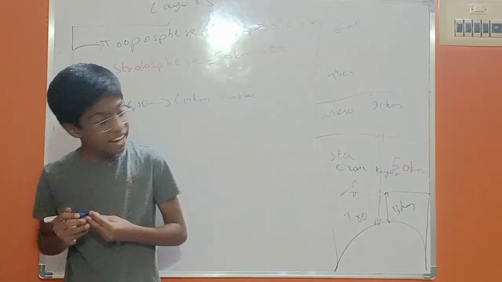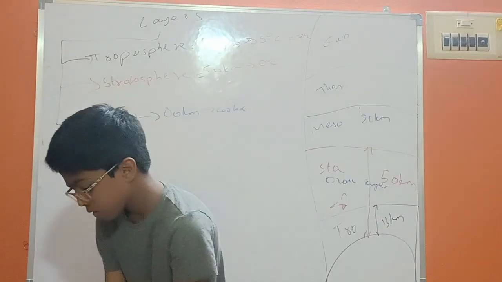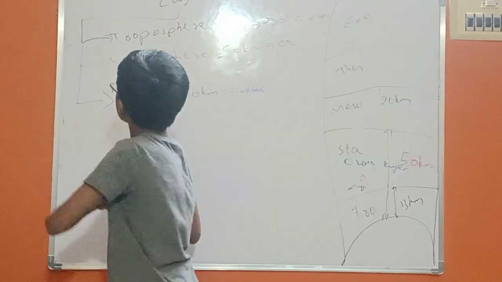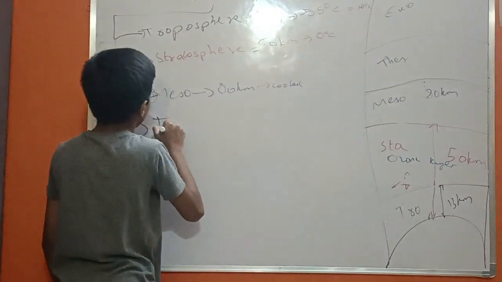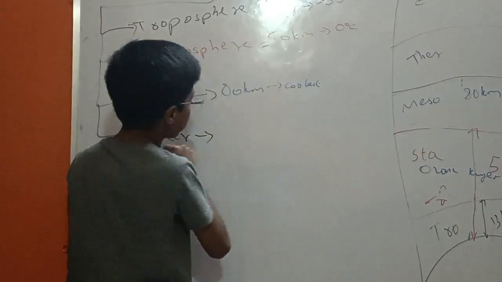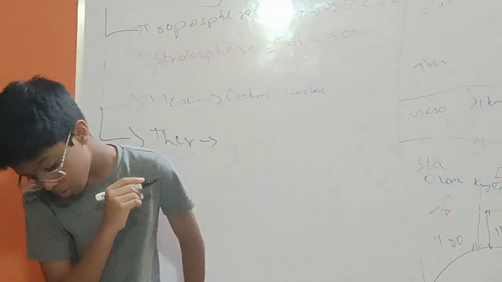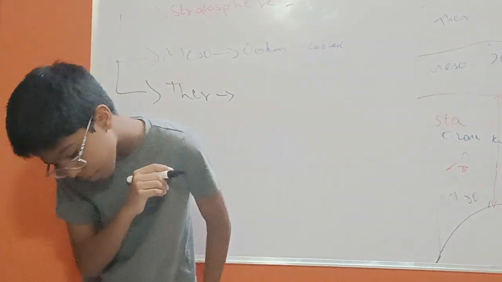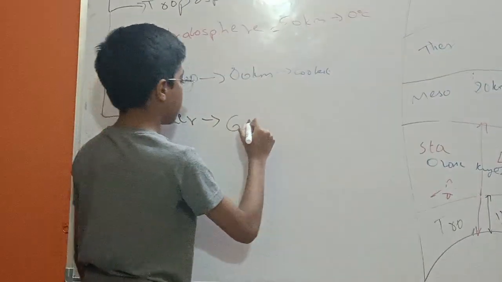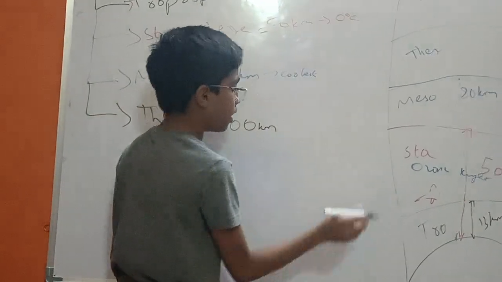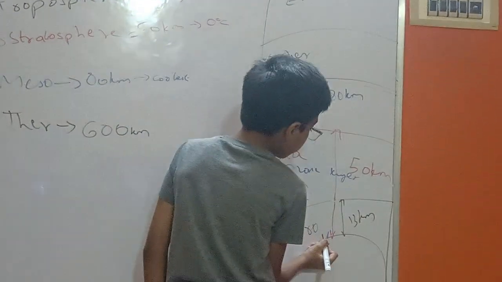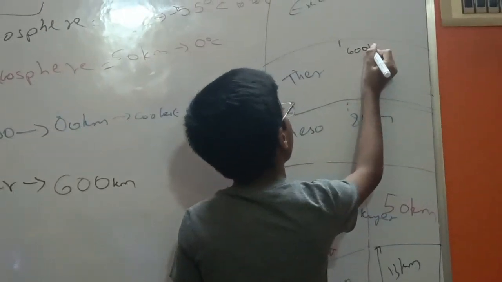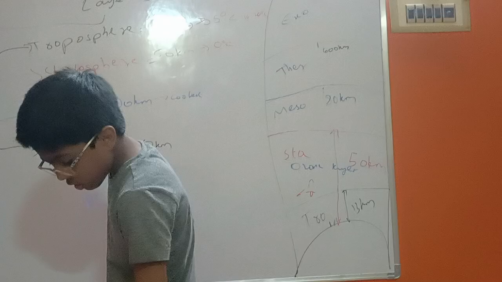Now the next one, thermosphere. It extends up to 600 kilometers from the Earth's surface, from here to here. This is 600 kilometers of height.